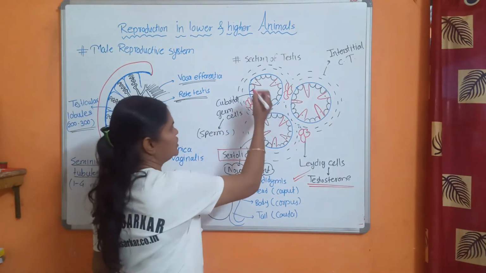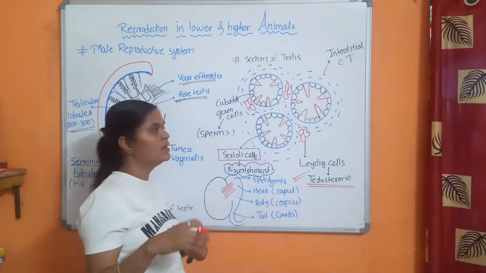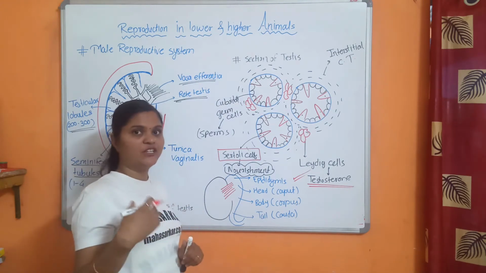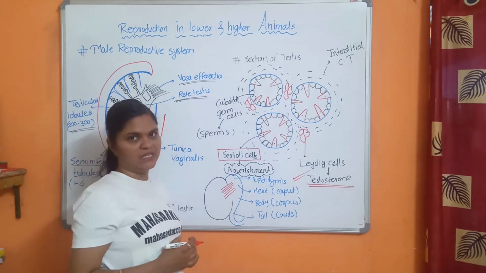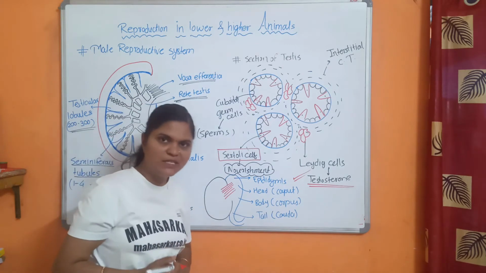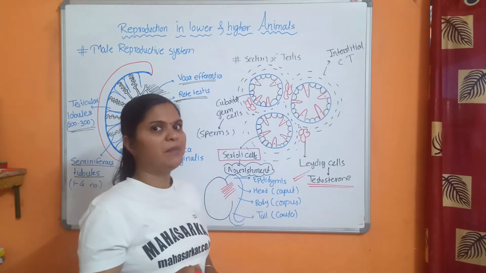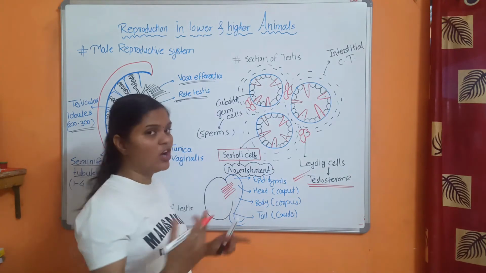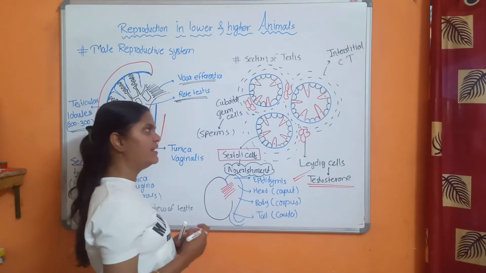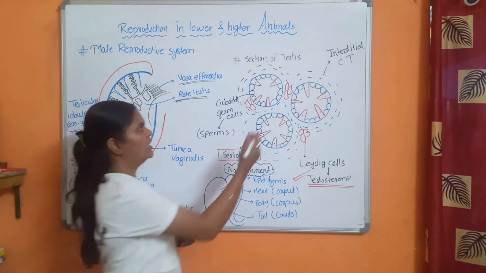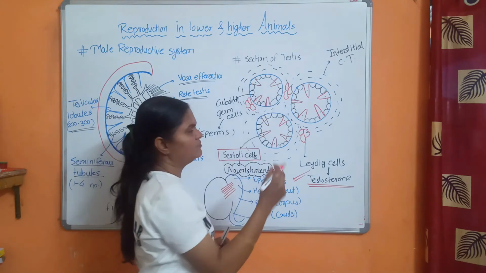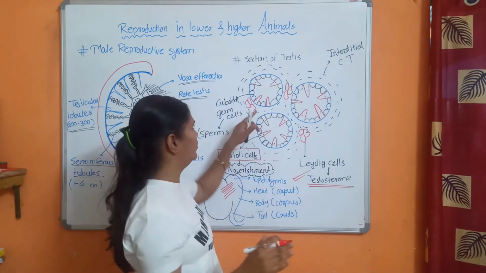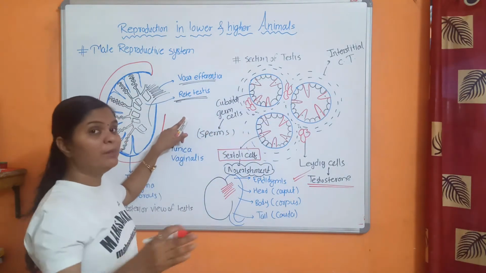So from these cuboidal germinal cells, they show division and produce primary spermatocytes, and from primary spermatocytes, through meiosis, secondary spermatocytes are produced. These all are present here. These are the developing sperms.